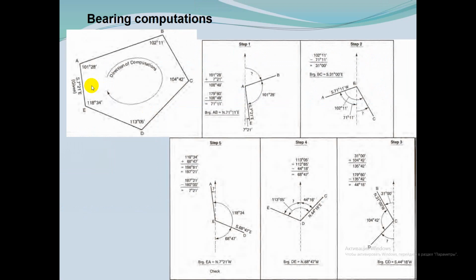So for the traverse, we can find a bearing computation.